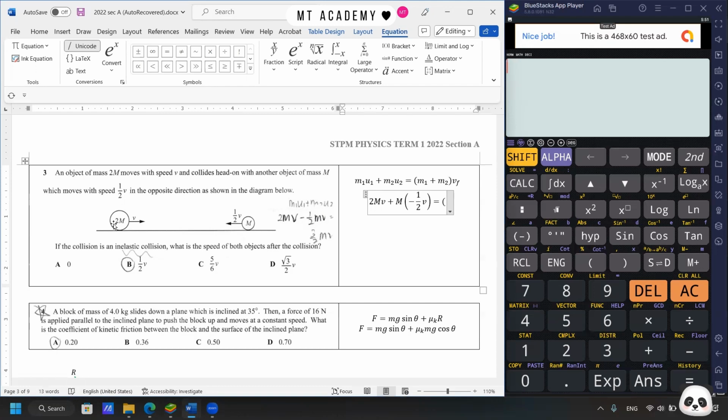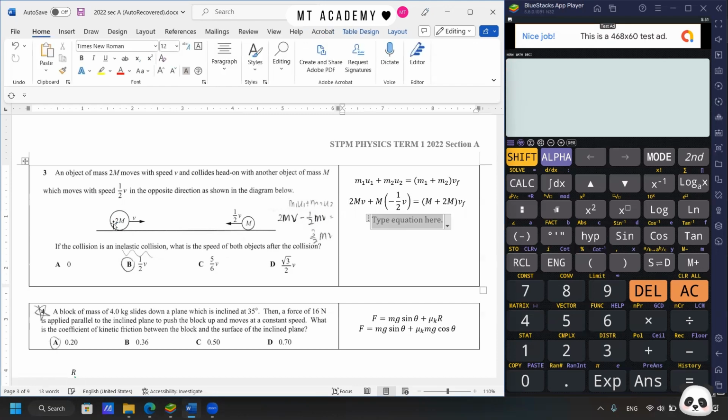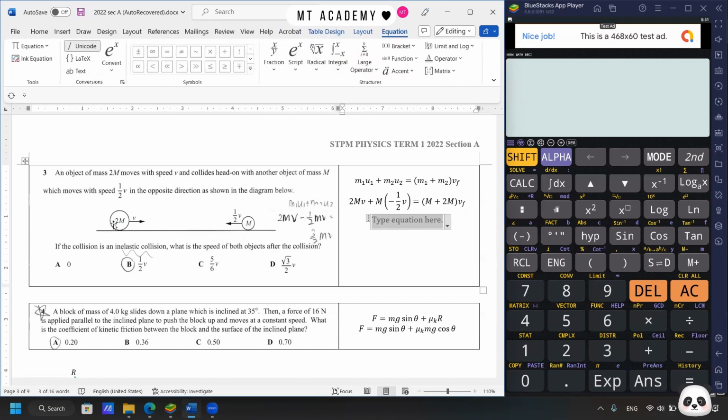Then we have the total mass, m plus 2m, multiplied by the final velocity. Simplifying the equation, on the left we have 2mv minus half mv, so it's 3/2 mv equals 3m multiplied by the final velocity. From here, we can see that the final velocity will be equal to half v when we cancel 3m. So the answer is B.